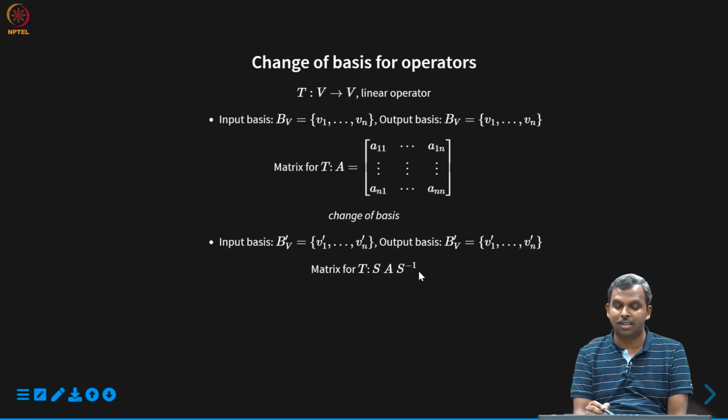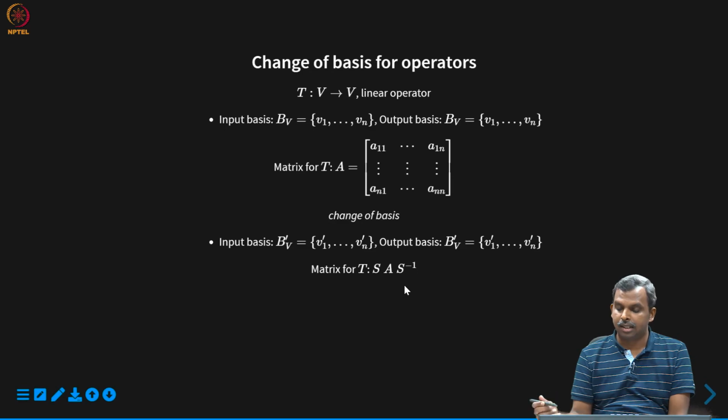So you have this nice looking transformation of matrices when you do a change of basis from BV to B prime V in an operator, the same V to V, then the original matrix gets transformed as SAS inverse. S represents the coordinate change from BV to BV prime, which is an identity map with input and output basis different. Same thing with S inverse, which is in the other direction.